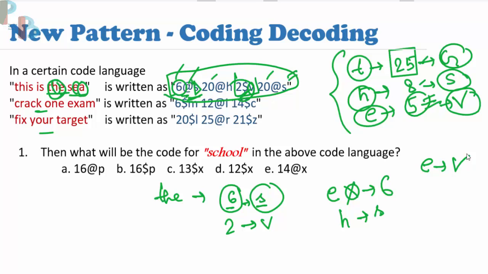Look, $2V, 2 at one side and V at the other. So we have ultimately decoded this total coding, right?